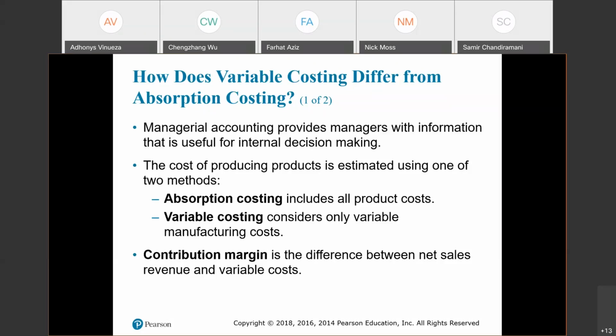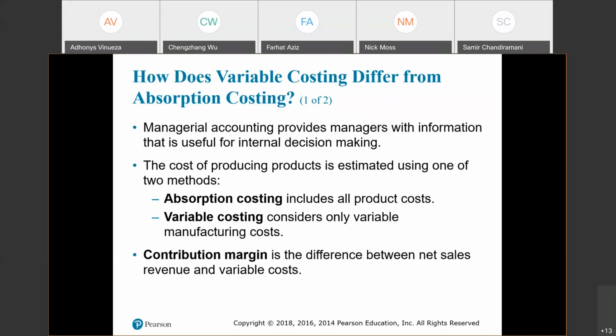Later, when the product is sold, the costs are transferred to the expense account as COGS. Well, absorption costing is required by GAAP for financial statements issued to investors, creditors, and other external users. Well, the external financial statements use the traditional income statement format with a focus on gross profits.